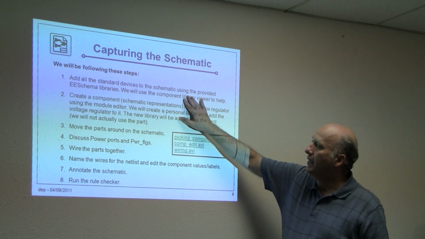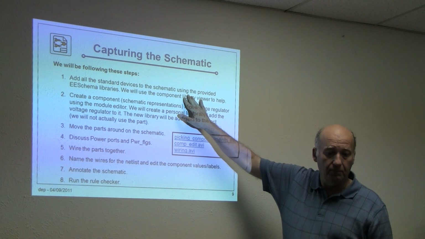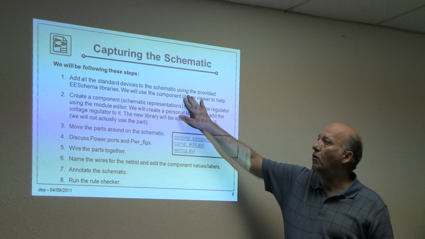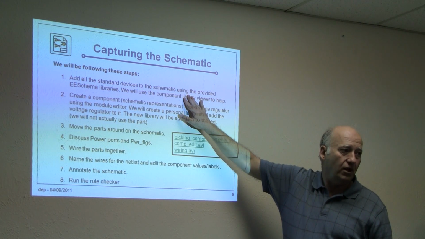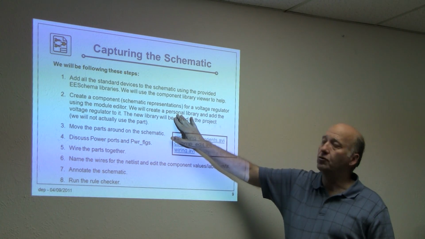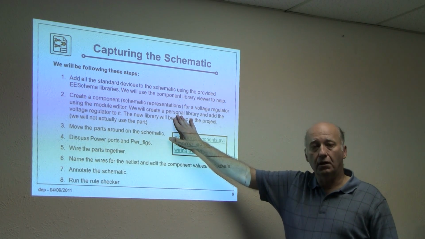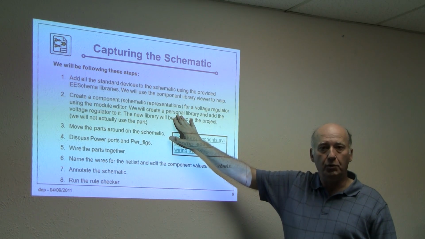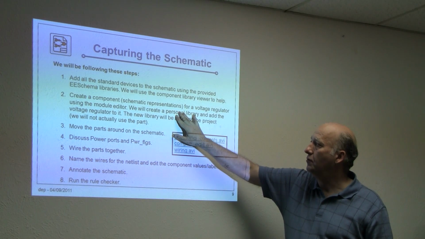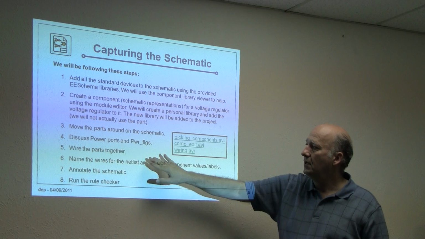Okay. So we're going to add the circuit we have, the one that we're going to use, that little sensor board. It's all within the standard devices in the library, so we don't really have to create anything for it. But we will create a device to show you how the component editor works. And we'll move the parts around the schematic.